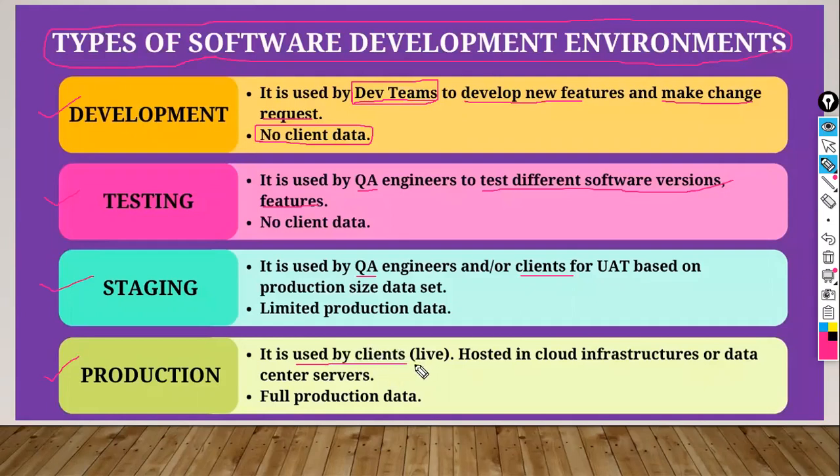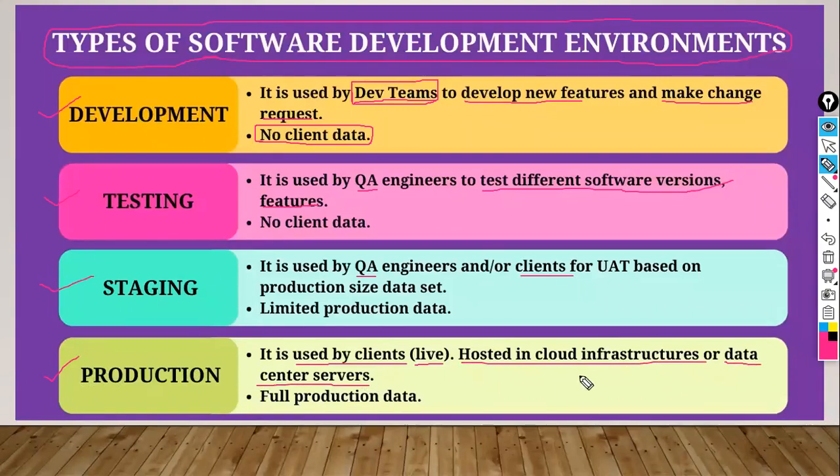Whenever the application is live, that means whenever the application is deployed or released, the environment where the users are going to access it, we are going to call it the production environment. This is going to be hosted in cloud infrastructure or data centers.